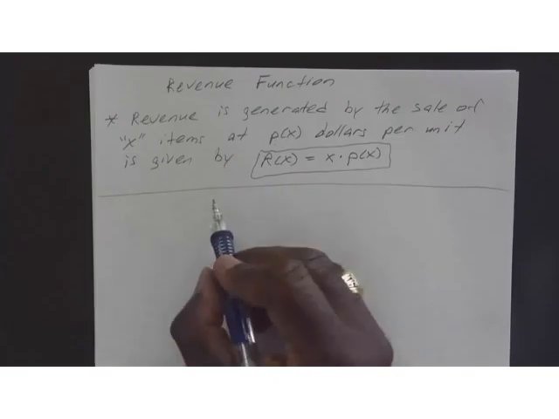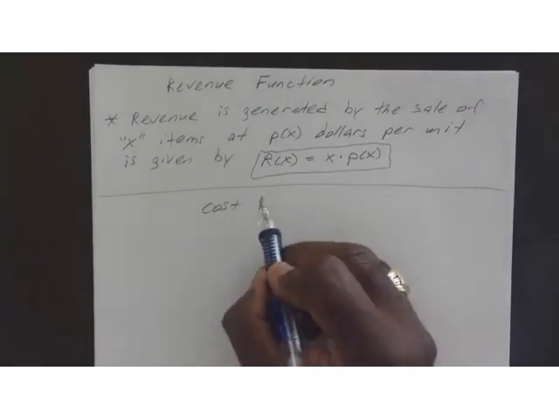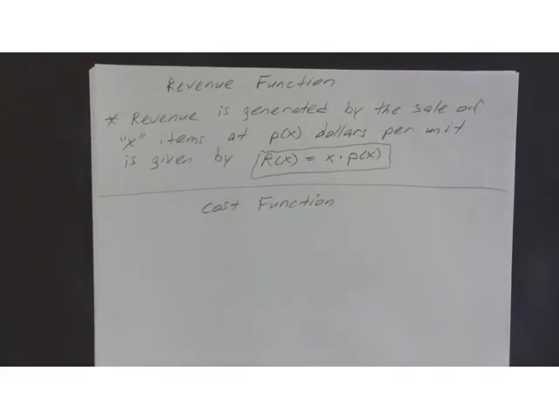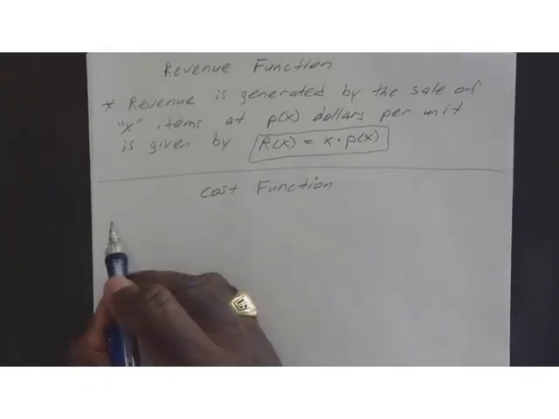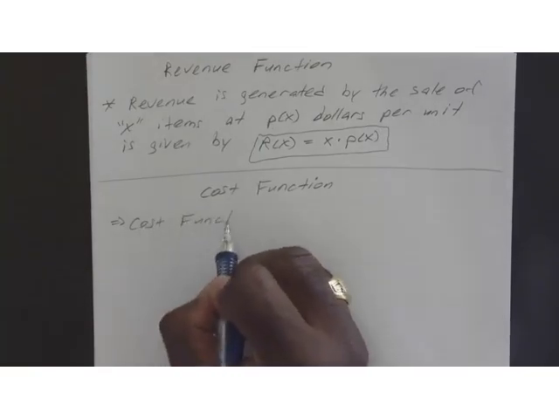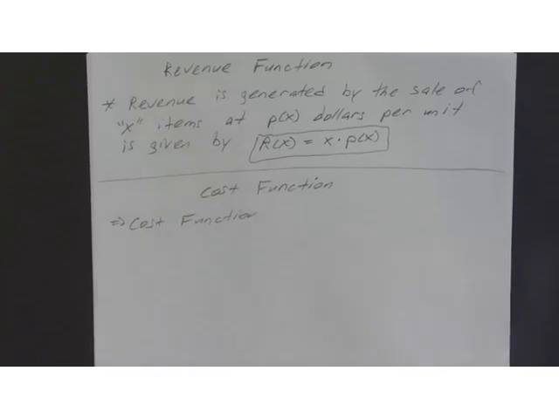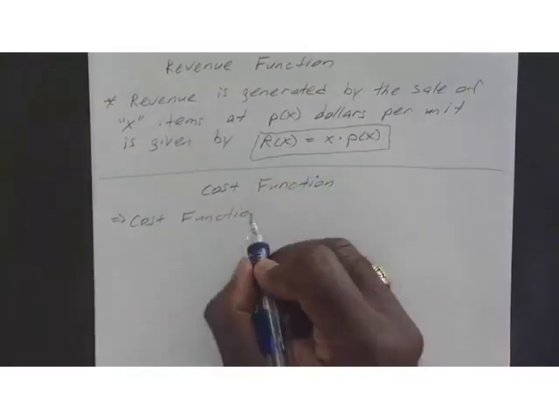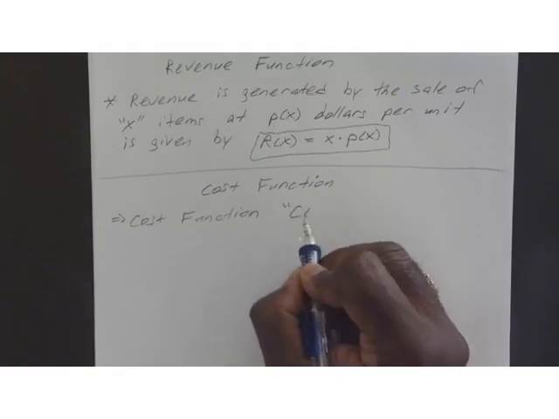Now the cost function, that's just how much it costs for the manufacturer to produce some unknown number of items. So we'll say x number of items. Okay, so your cost function, we'll denote that by C of x.